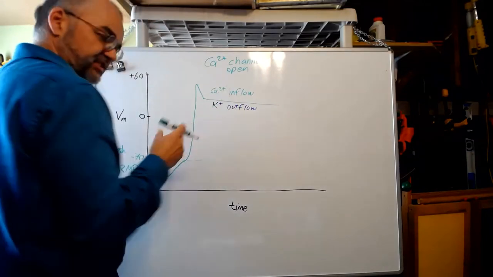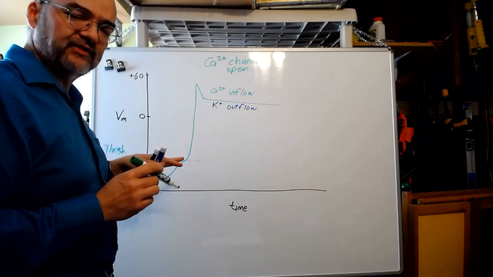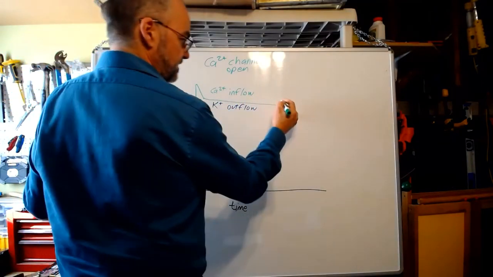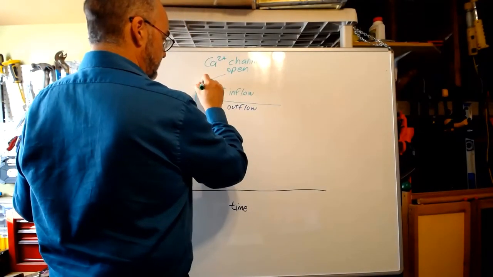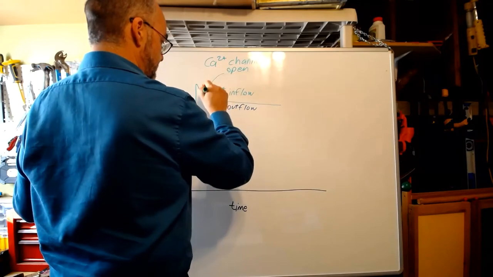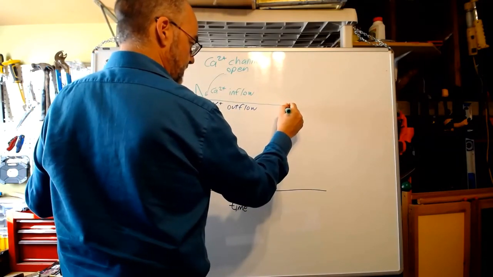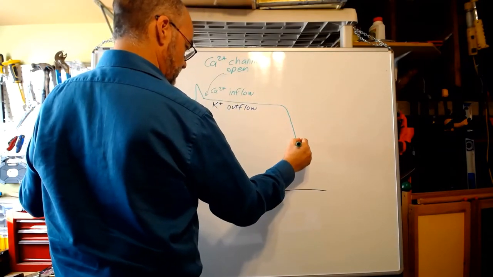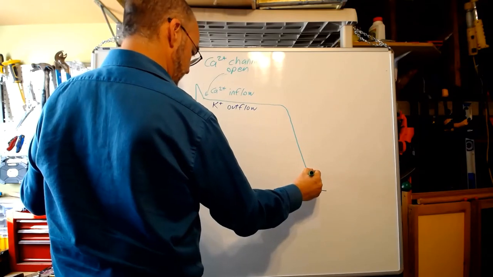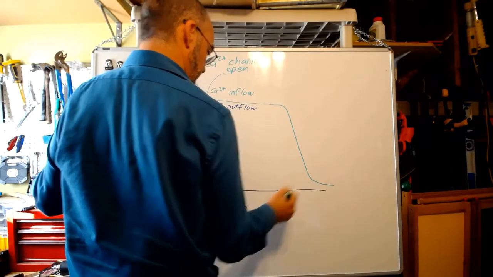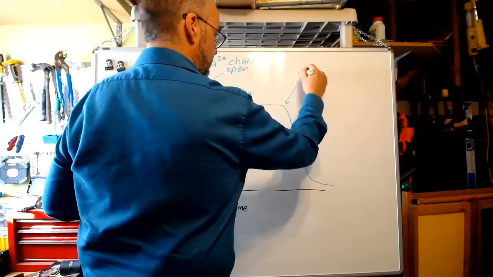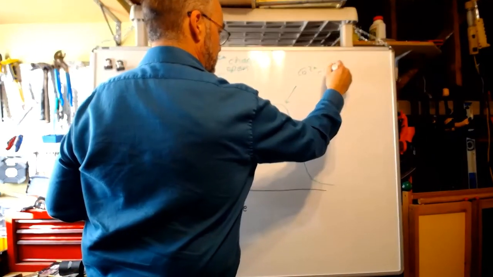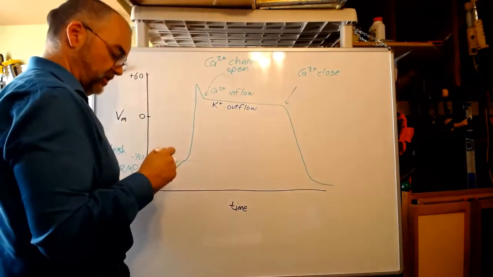That lasts for roughly 150 to 200 milliseconds. And at the end of that, the calcium channels close. And potassium is then going to bring the cell membrane potential back down toward my resting membrane potential. So that's where my calcium channels close.